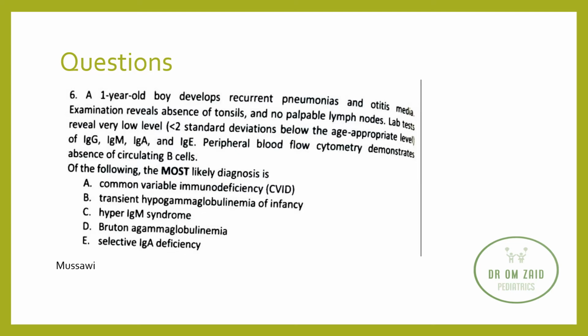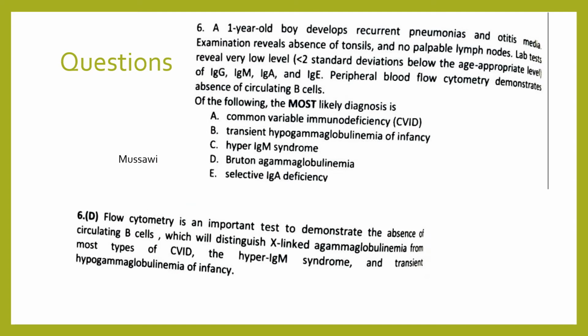Peripheral blood flow cytometry demonstrates absence of circulating B cells. Of the following, the most likely diagnosis is? So the answer is D, proton Agammaglobulinemia. We should know it once we know that there is absence of tonsils.